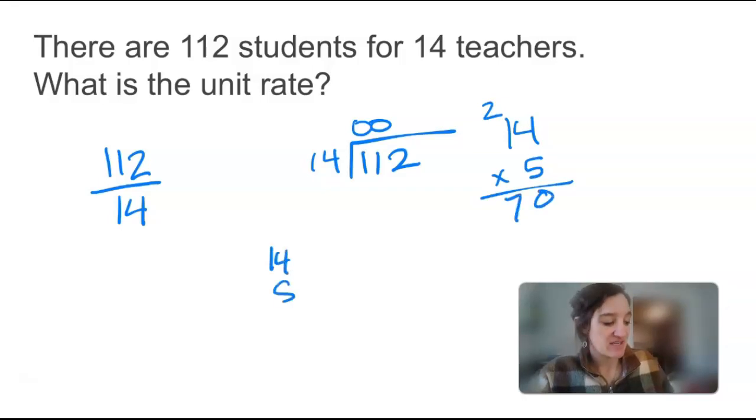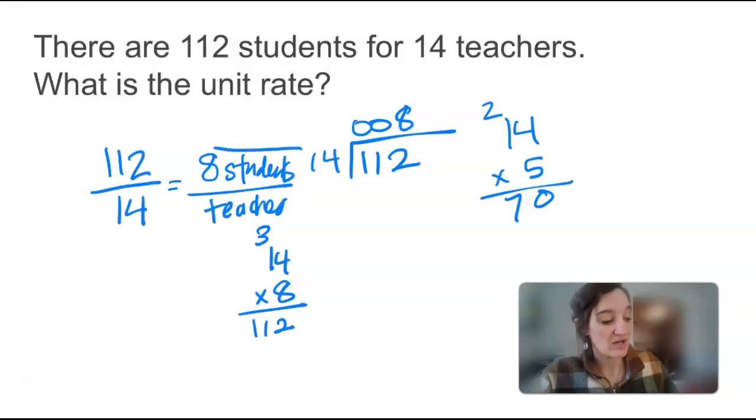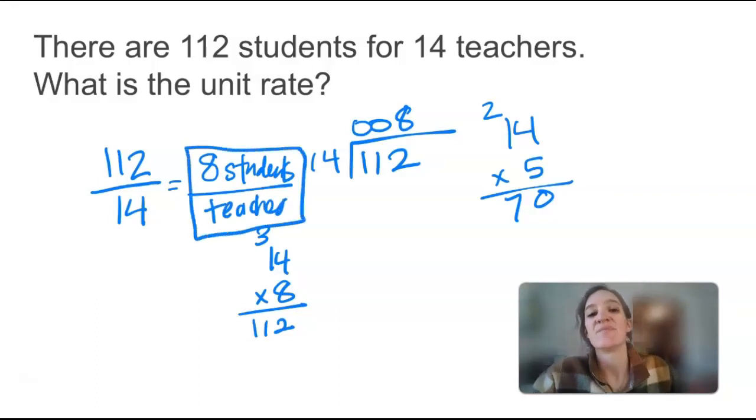How about 14 times 8? Ooh, there we go. 8. So that means that there are 8. Really? 14 times 8, 112. Yeah, 8 students per teacher. I would love 8 students in my class.